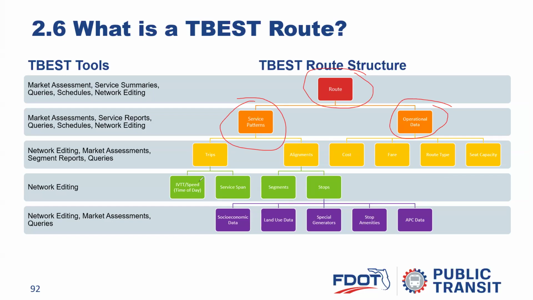The trips have service spans and in-vehicle times attached to them, and the alignments have segments and stops attached. At the stop level you can code SE data, special generators, amenities, and APC data. Generally, this is the hierarchy that T-BEST deals with. On the left, you have the T-BEST tools, where you can manage reporting, analysis, or editing.